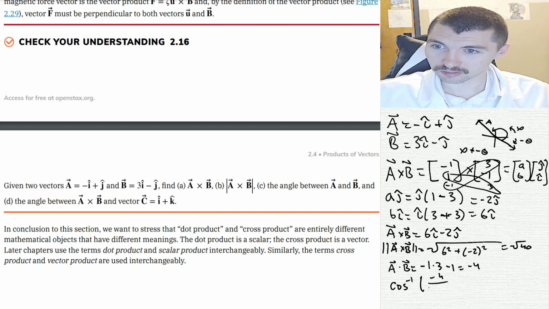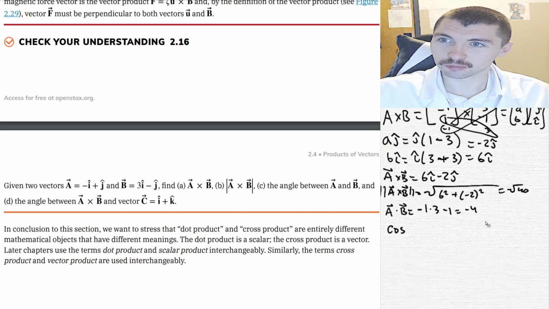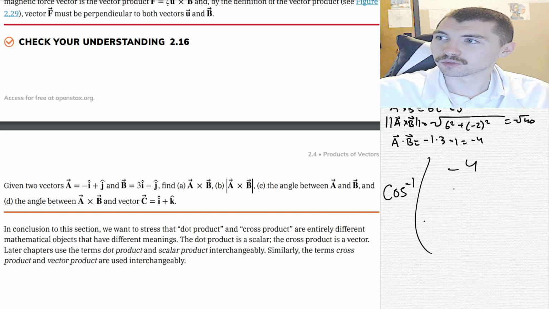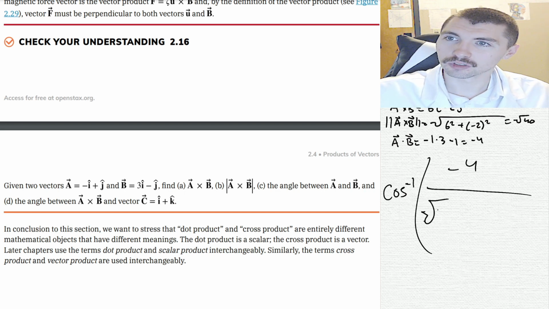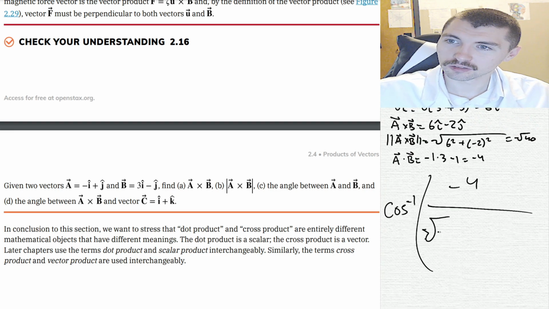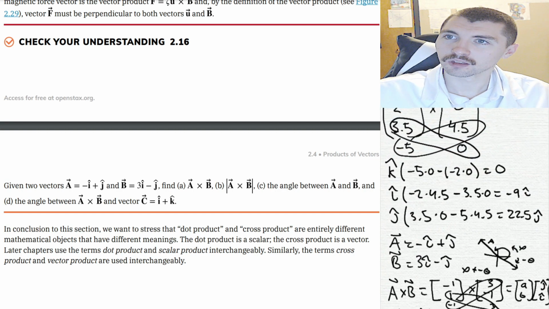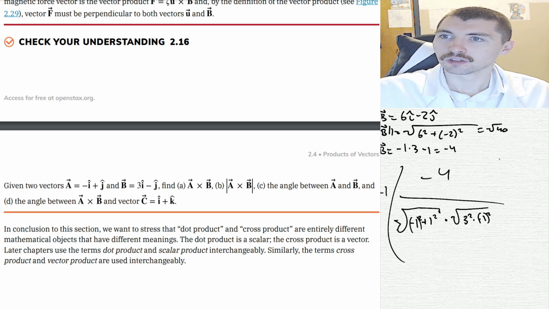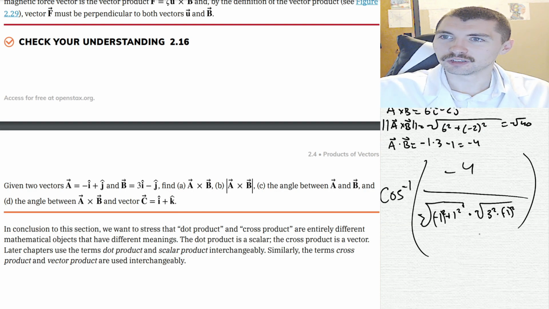So the angle in between is going to be cosine inverse of -4 over the square root of 2 times the square root of 10. Okay, so I think this is the angle between A and B.